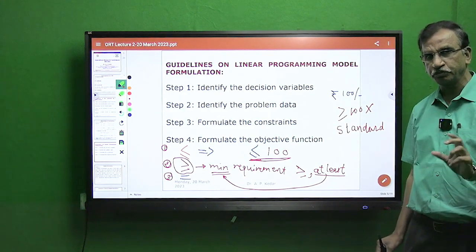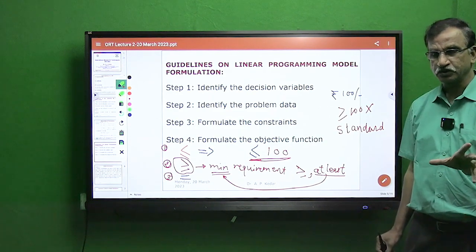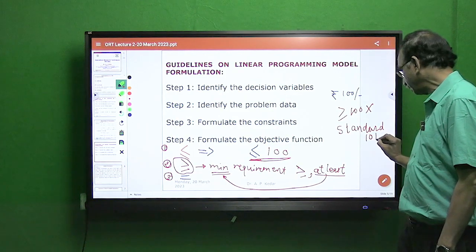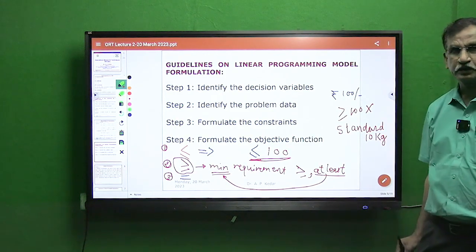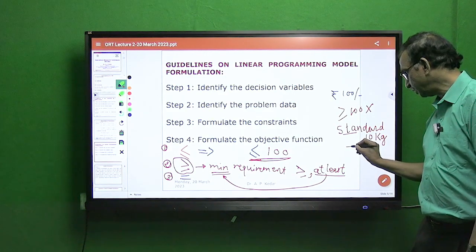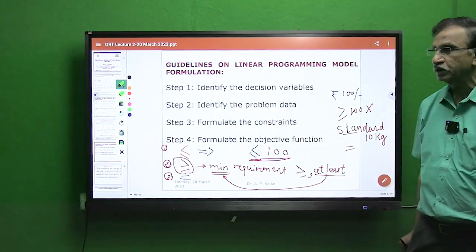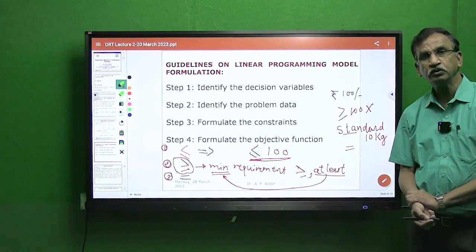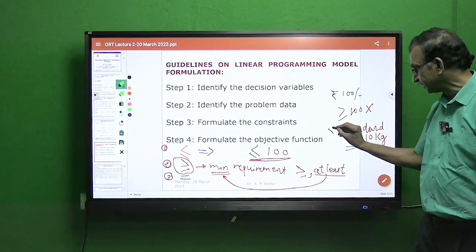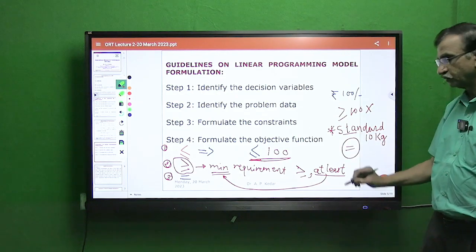Suppose the condition is that the standard weight of a product is 10 kg. In this case I have to use only the sign equal to. There is no scope for greater than or equal to or less than or equal to.